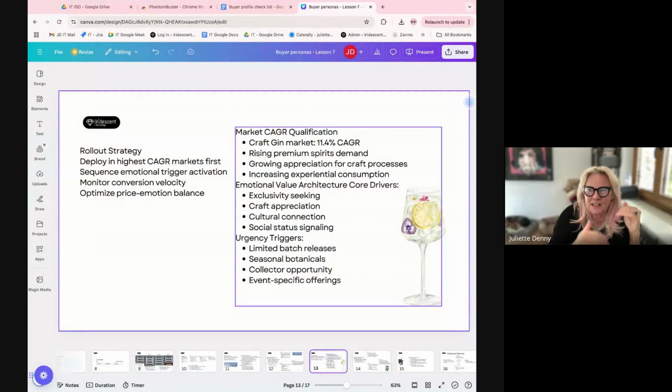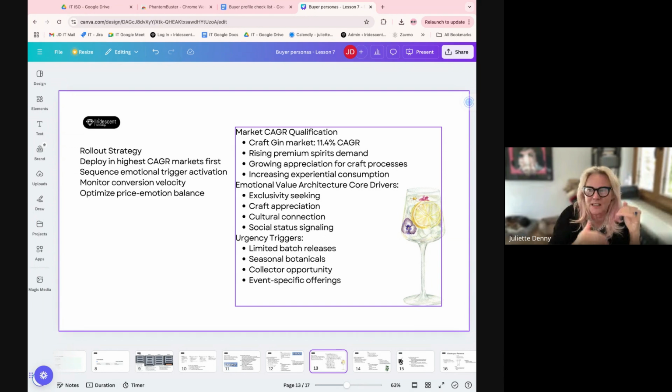Okay, so now we know that we want to lean into the biggest and highest growth market. We know what the core drivers are of our buyers, right? So how does that link into our products and services? Well, basically what we want is to get them to make the decision to buy, and buy now. And how do we do that?